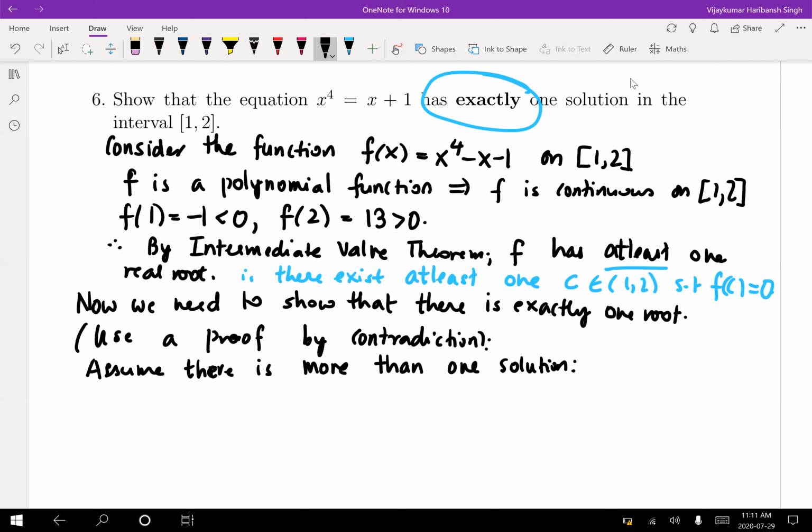So say A and B. Okay, so then what do we get? Then that is f of A equals f of B equals 0. That's one.